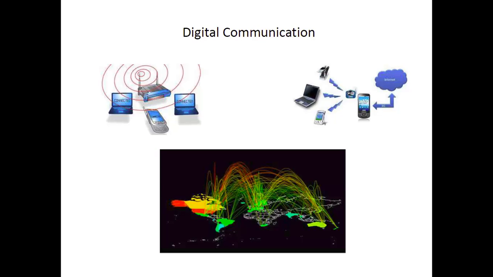But in this space of technology, you also need to handle things like multiple paths, where the signal bounces off of buildings and gets received by a base station, let's say. So you're trying to communicate with your cell phone to the base station, and yet the physics of the environment affects your ability to do that. The signal doesn't get there exactly as you transmitted it.